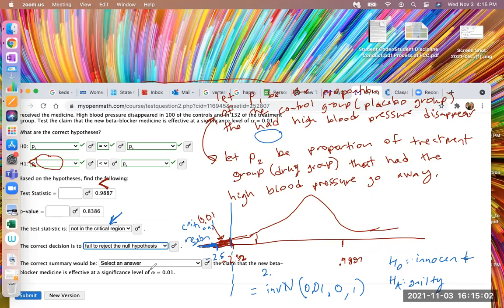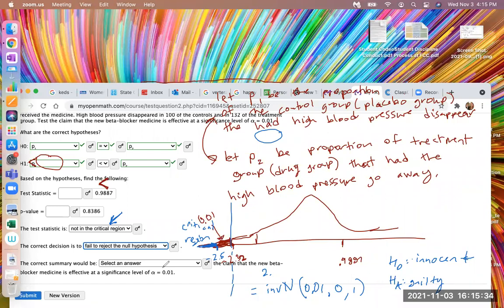In our final concluding statements, we either say the evidence supports the alternative hypothesis, or the evidence does not support the alternative hypothesis, but we never say the person is innocent.